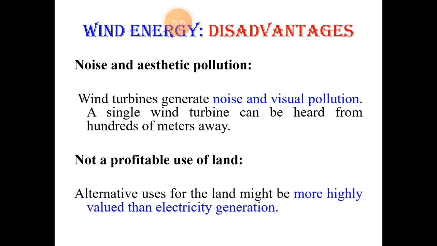The next disadvantage is noise and aesthetic pollution. Wind turbines generate a very huge noise and visual pollution. A single wind turbine can be heard from hundreds of meters away or distance.